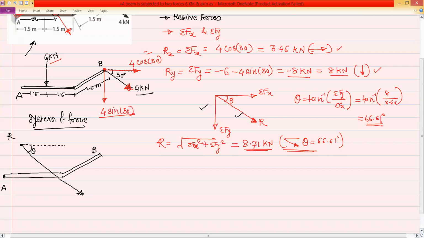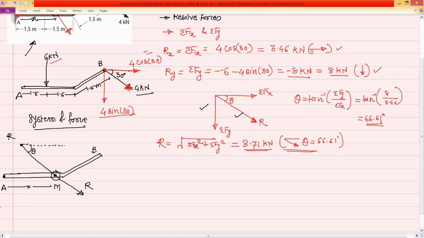Okay. So right now this resultant R is intersecting the horizontal line at this point. Let us take this point as a point M. So we have to find out the AM distance. So this AM distance is taken as x.